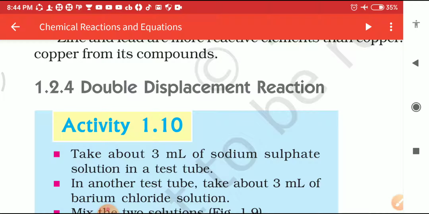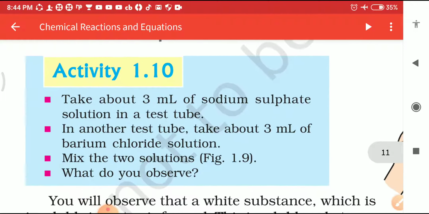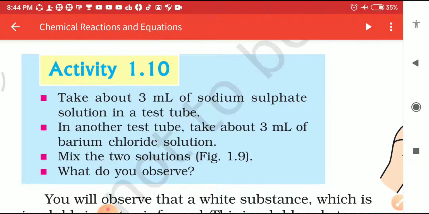Let's start this activity. I hope you will understand better with this activity. This activity is 1.10. Now in this activity they say take about 3 ml of sodium sulfate. The formula of sodium sulfate is Na2SO4, and barium chloride.